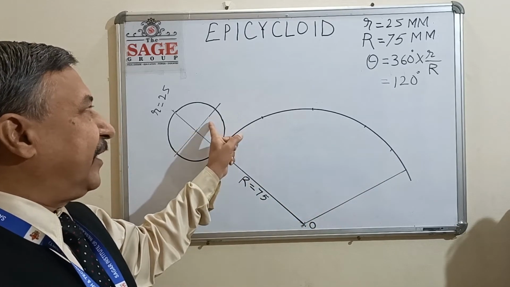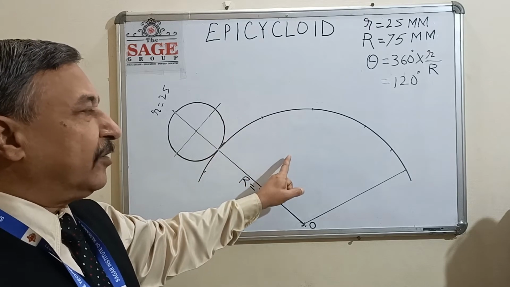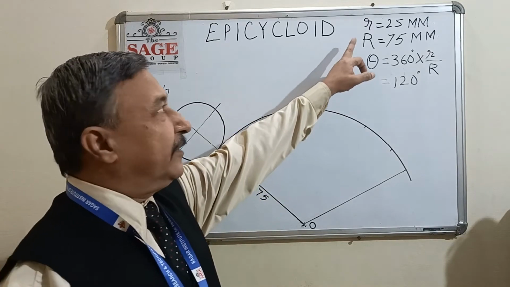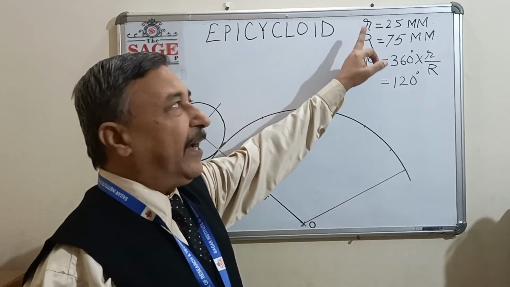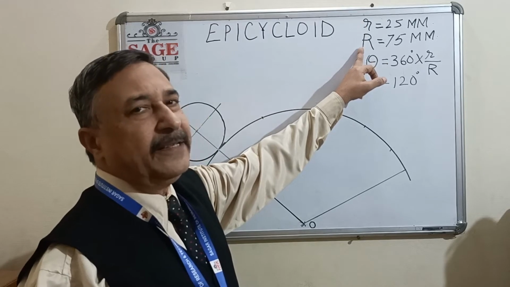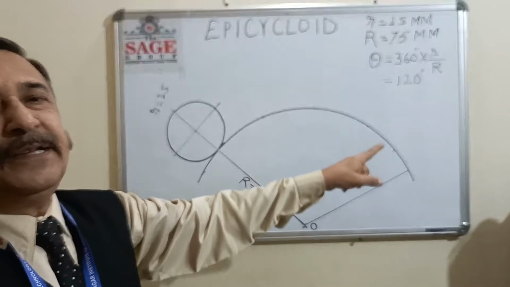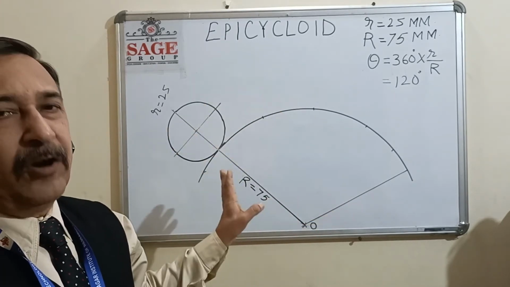This circle is called the rolling circle and this circle is called the directing circle. In questions, generally the radius of the rolling circle and the radius of the directing circle are given, and we have to draw the epicycloid. Some basic construction I have already drawn.